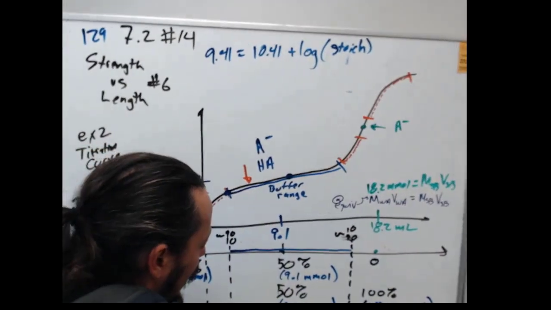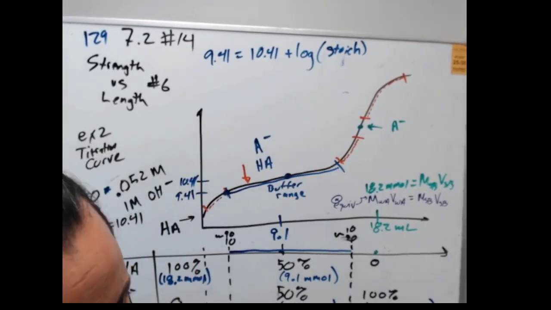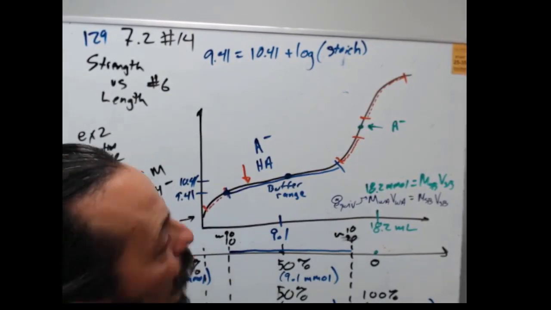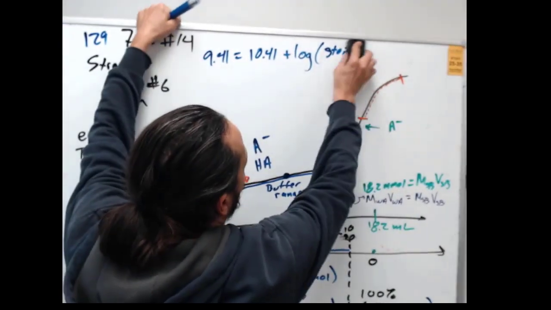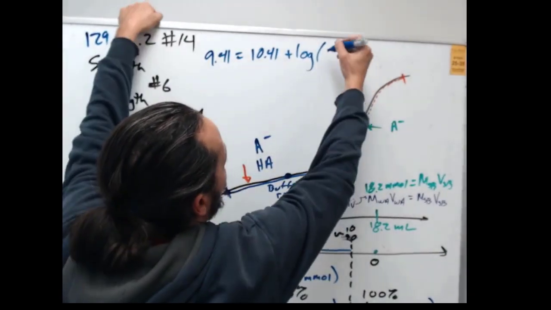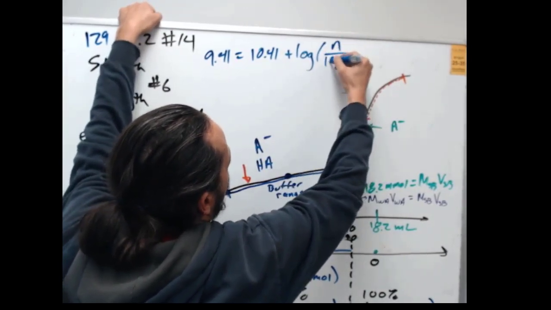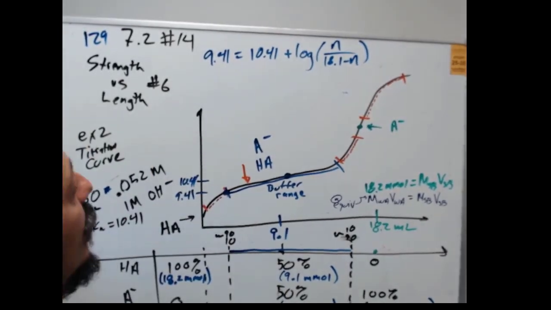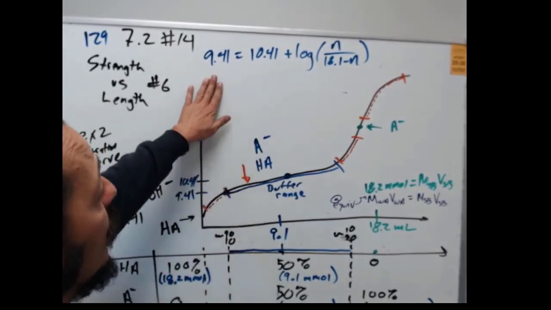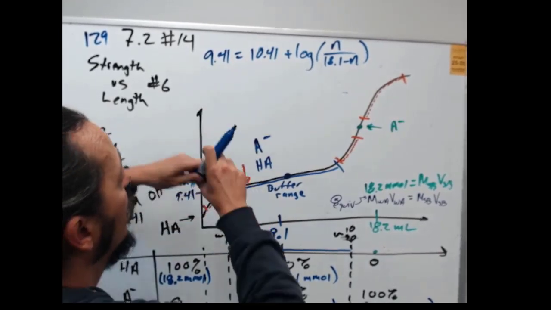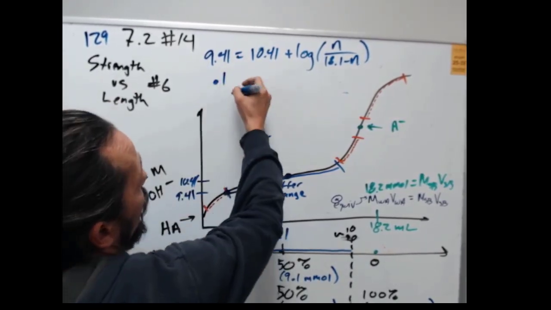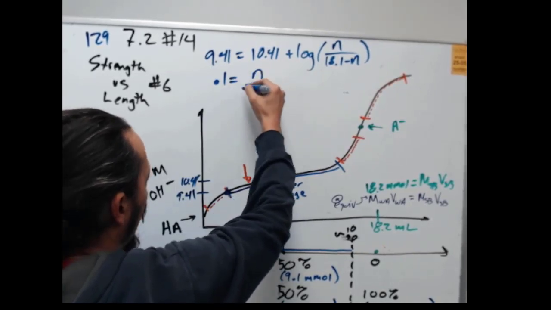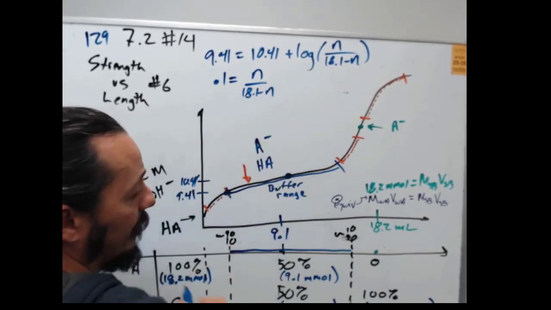Using our two shortcuts. Shortcut number 1 is x is small twice. Shortcut number 2 is ratio of concentrations in the same total volume. So then I am going to end up with my moles over 18.1 minus my moles. And if I solve this out, 10 to the power of the pH minus pKa gives me 0.1 is equal to n over 18.1 minus n.